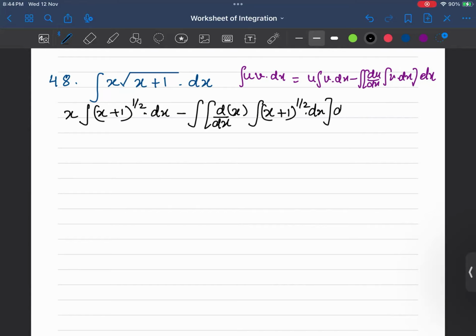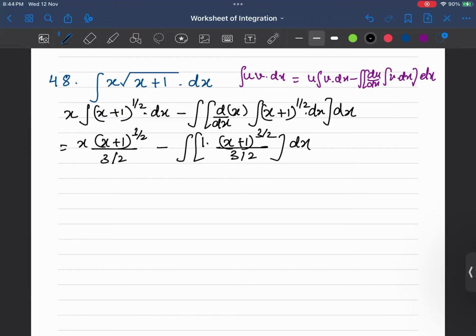It would be x times x plus 1 power 3 by 2, since half plus 1 is 3 by 2, upon 3 by 2, minus integration of d by dx of x, which is 1, times the integration of x plus 1, again x plus 1 power 3 by 2 upon 3 by 2, keeping the dx.